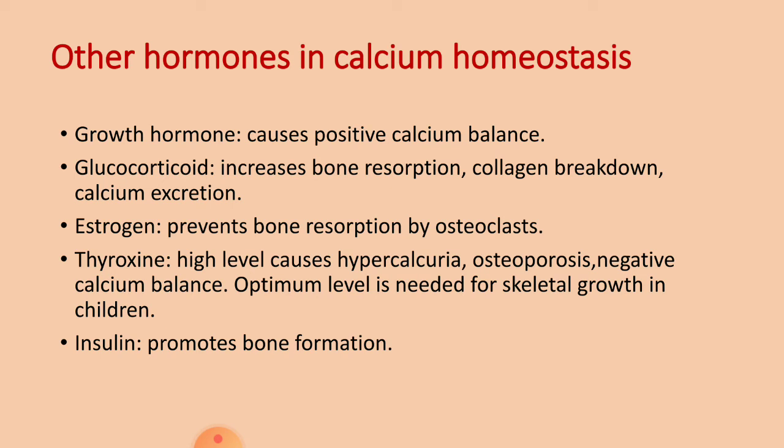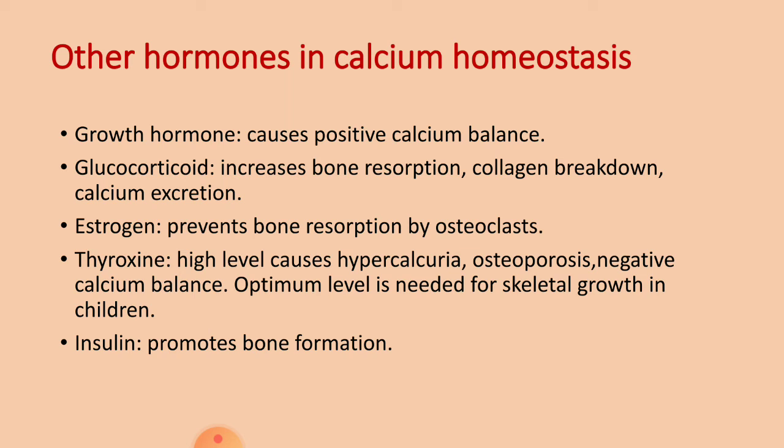Next is thyroxine or the thyroid hormone. Normal plasma level of thyroid hormone is essential for proper skeletal development, especially in the growing children, in the growing age. Congenital hypothyroidism, we know that cretinism is often associated with depressed skeletal development.